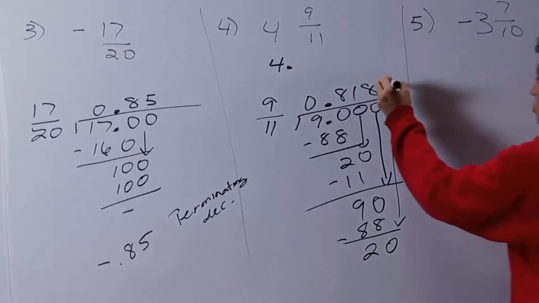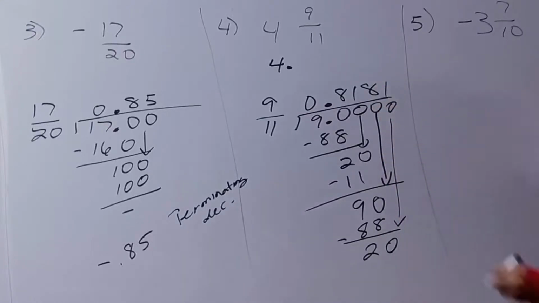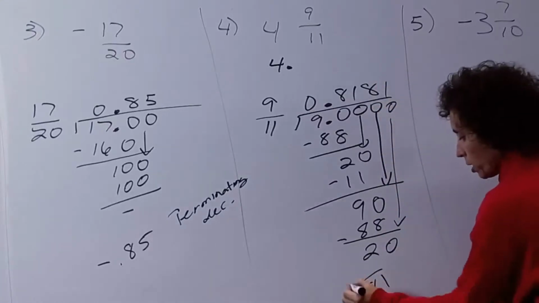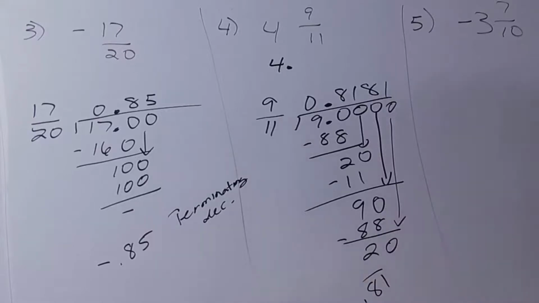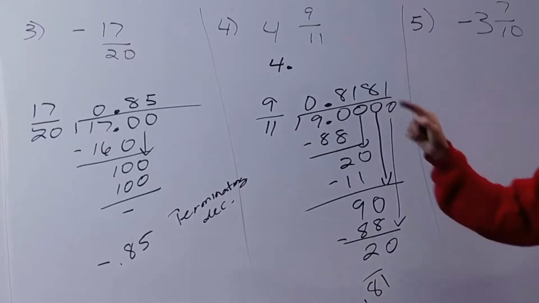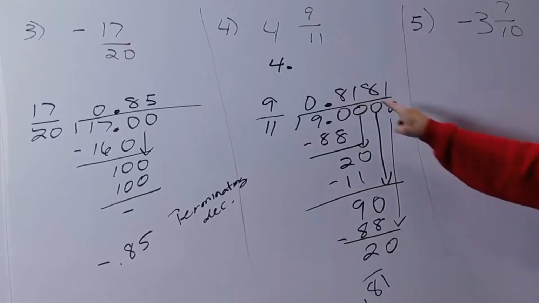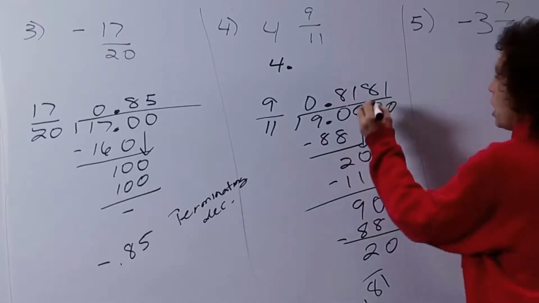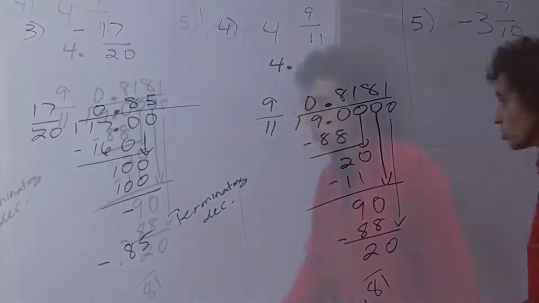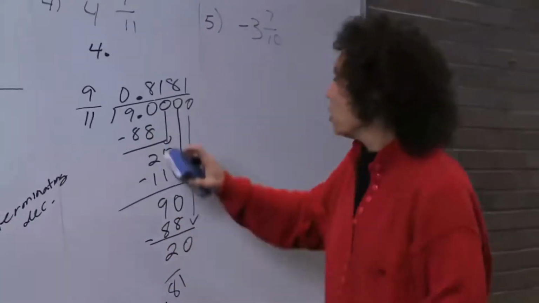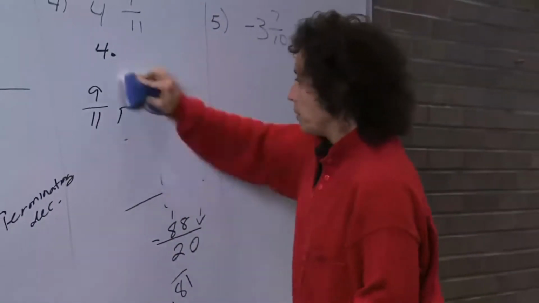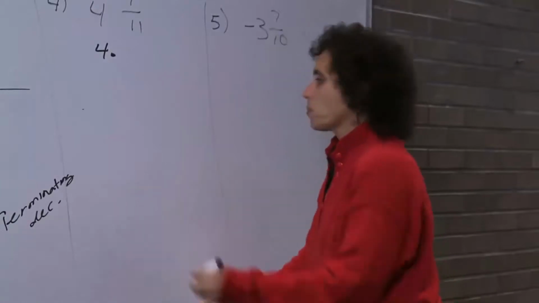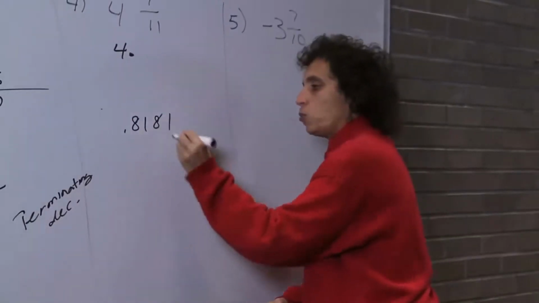11 into 1. So here's what's going on here. This is actually 0.81. It's going to repeat. But what does it want us to do? It wants us to round to the nearest thousandths. So tenths, hundredths, thousandths. Let me erase this because it's getting kind of ugly on this board. 0.8181.